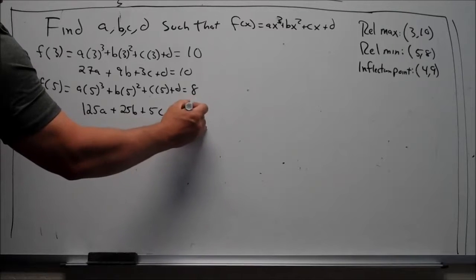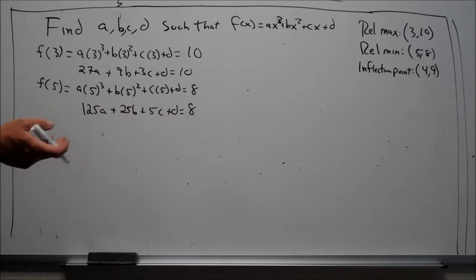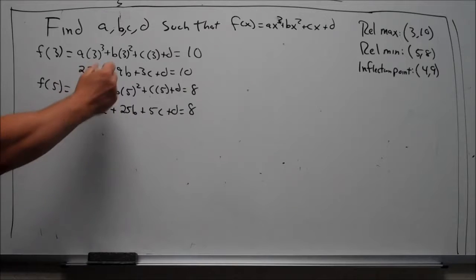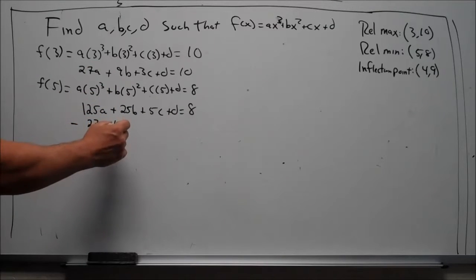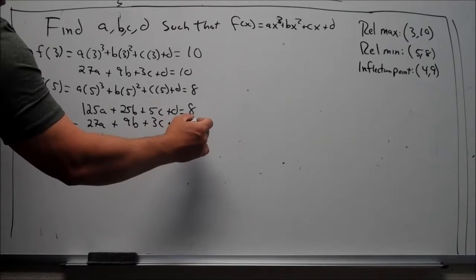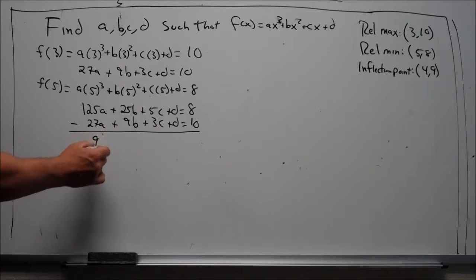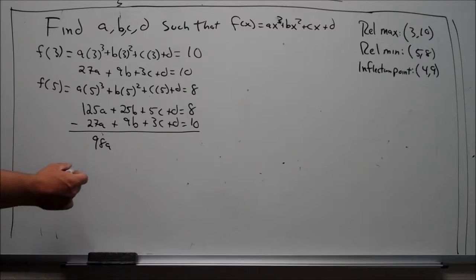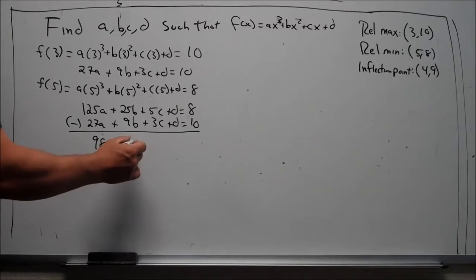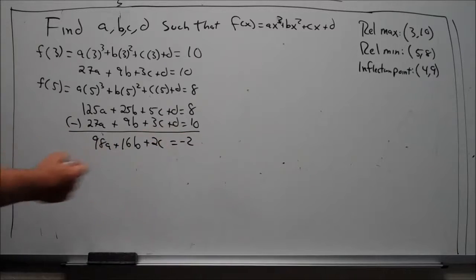Now how can we use that part? Well, we have two equations right there and 4 unknowns. We can eliminate one of the unknowns, which is this d. So if I subtract from this one what I had in the previous one, 27a plus 9b plus 3c plus d equals 10, we'll end up with 98a, that's subtracting everything here, so 25 minus 9 is 16b plus 2c equals negative 2.